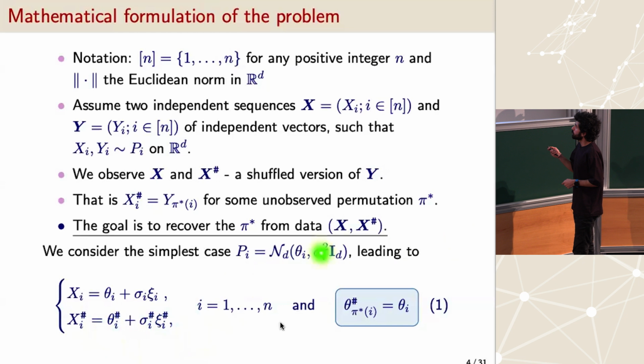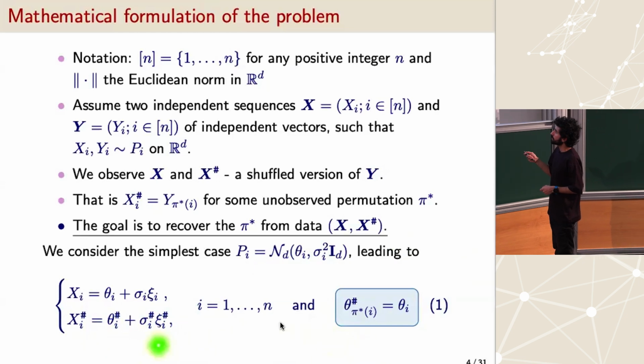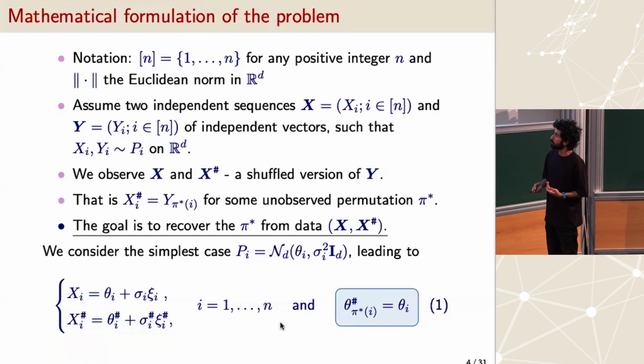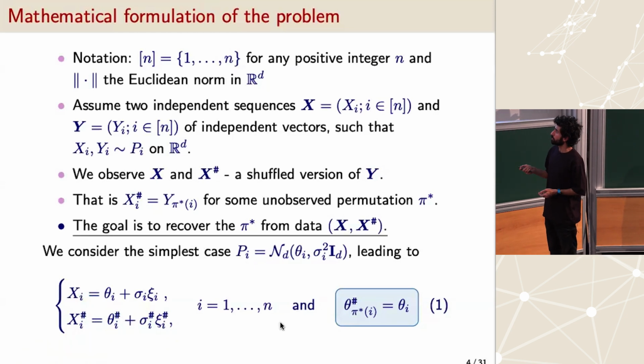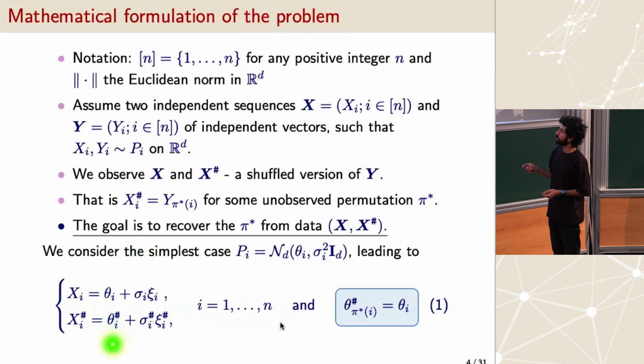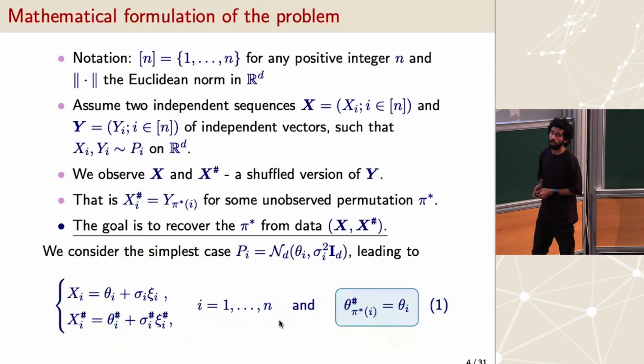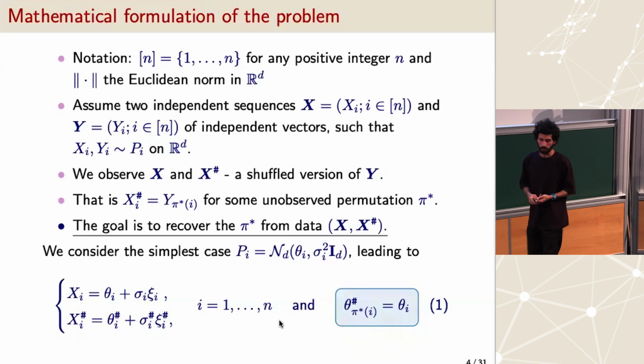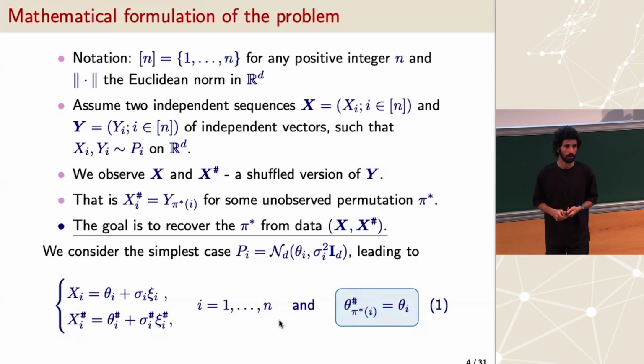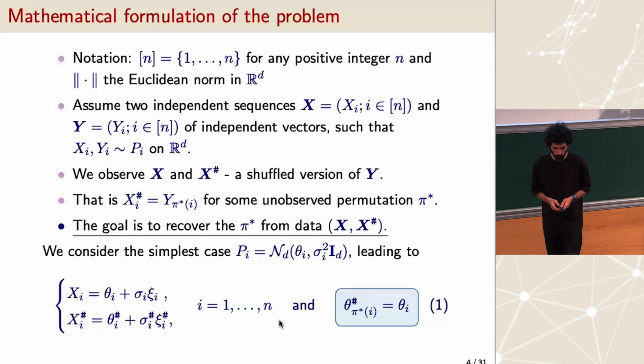Since X_i and X'_i are random noisy observations of the features theta_i and theta'_i, we assume that theta_i equals theta' at point p*(i).